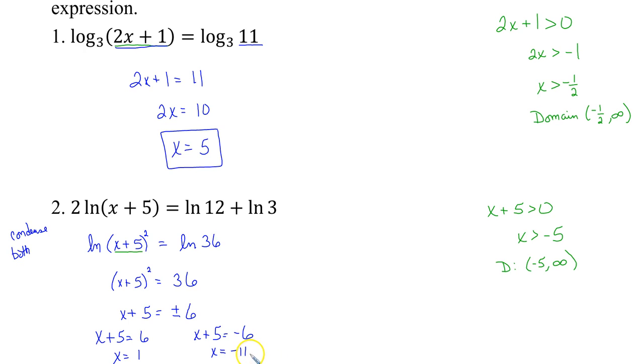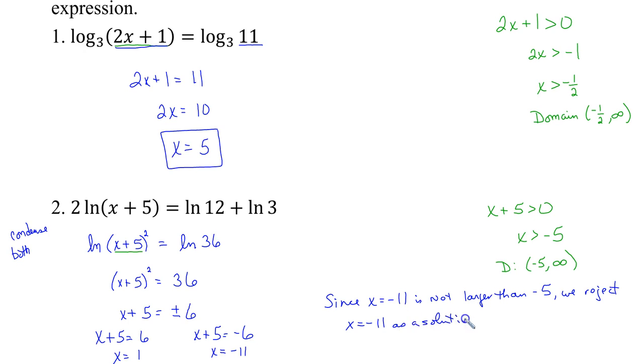Some of you may have recognized that negative 11 is not in the domain of my original expression. So for that reason, we're going to make a statement here. Since x is equal to negative 11 is not larger than negative 5, we reject x is equal to negative 11 as a solution.